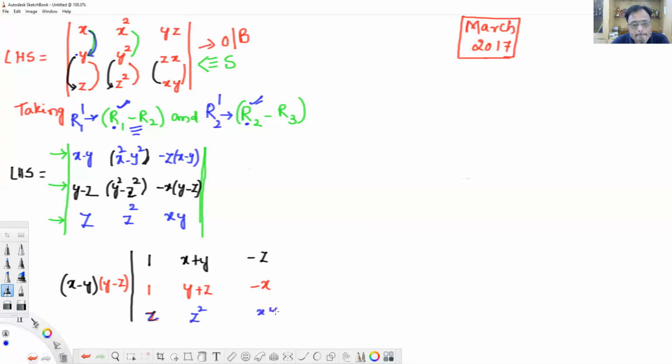So already we got two common factors, X minus Y and Y minus Z.